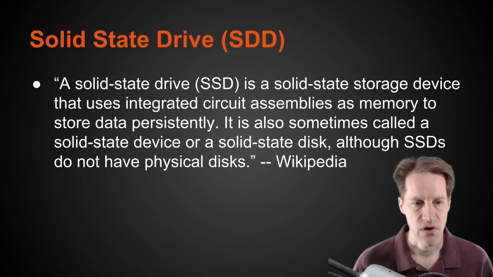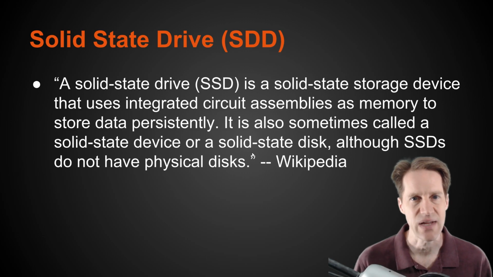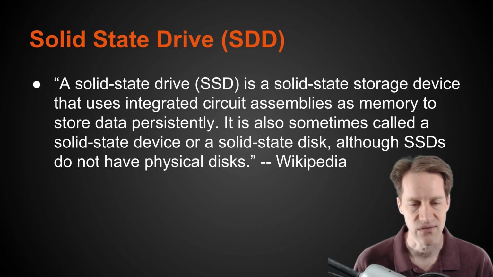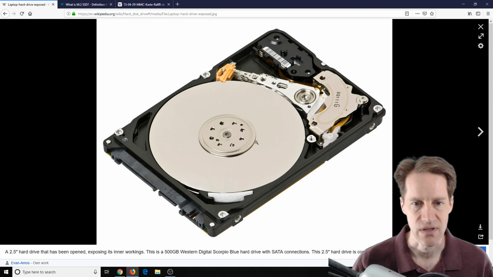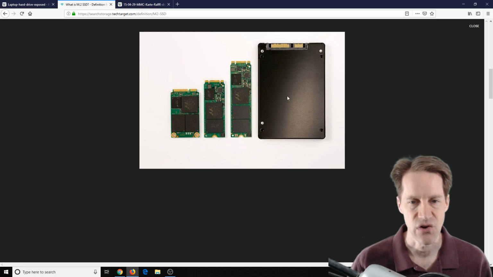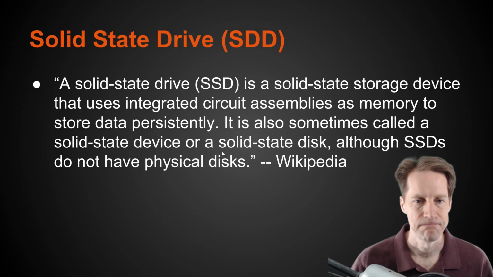Now, this is sometimes called a solid-state device or a solid-state disk, although SSDs do not have physical disks. The terminology just kind of stayed because they are a replacement for hard disk drives. There are no disks in them, it's just memory. If we look at an image, there are just computer chips on these drives. There are no real disks.